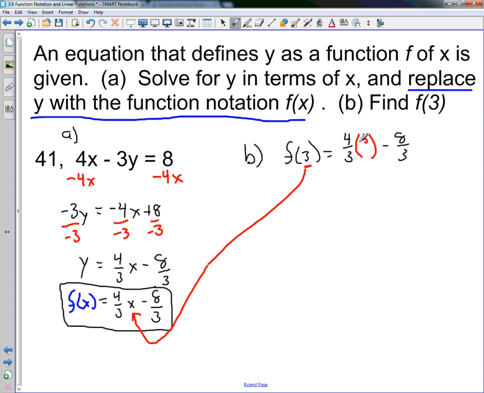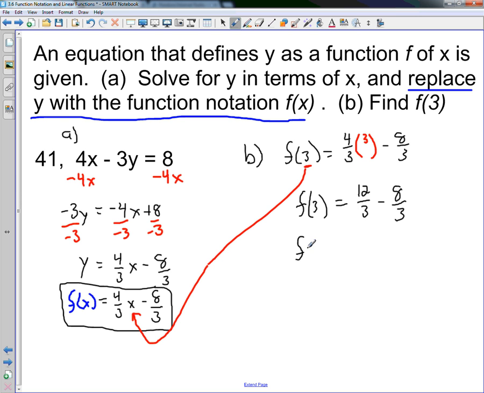So yes, I could reduce this away, but when I reduce that, I'm going to be left with a number that's no longer a fraction with a common denominator. So what I'm going to do for this problem, to make my life a little easier, is multiply straight across to give me 12/3 minus 8/3. So I know this can reduce, but since I already want common denominators, I'm not going to reduce it.